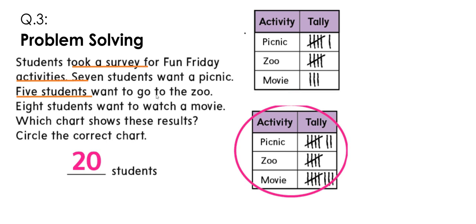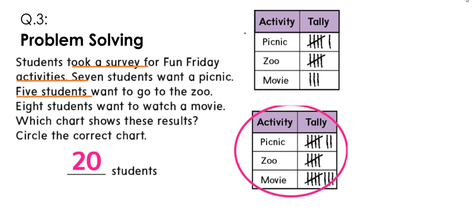Students took a survey, okay, and the survey was about Fun Friday activities. And the activities on the survey were picnic, zoo, and movie. Here it says 7 students want a picnic. Picnic. Here it has 5, 6. What about here? Picnic. 5, 6, 7.